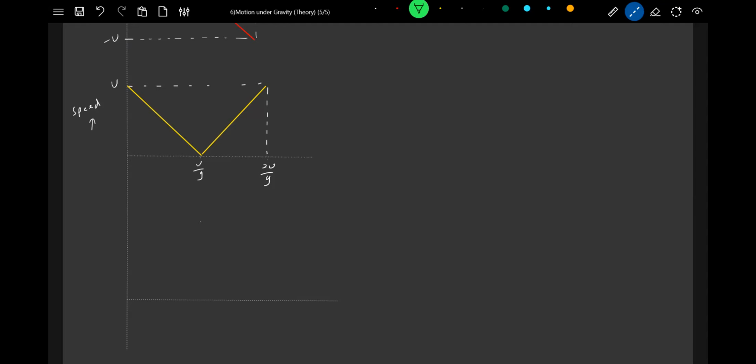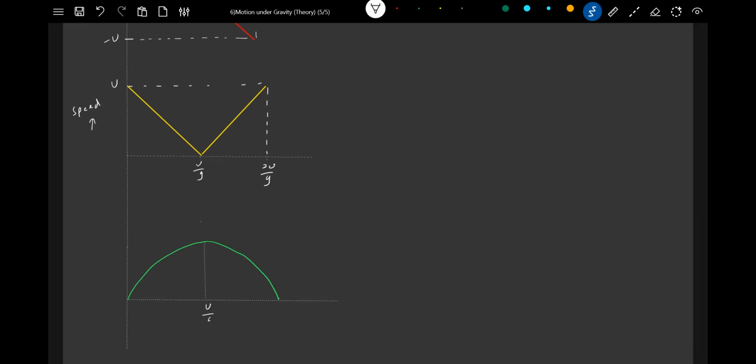So the curve will be like this. It may not be to scale, but let it be.